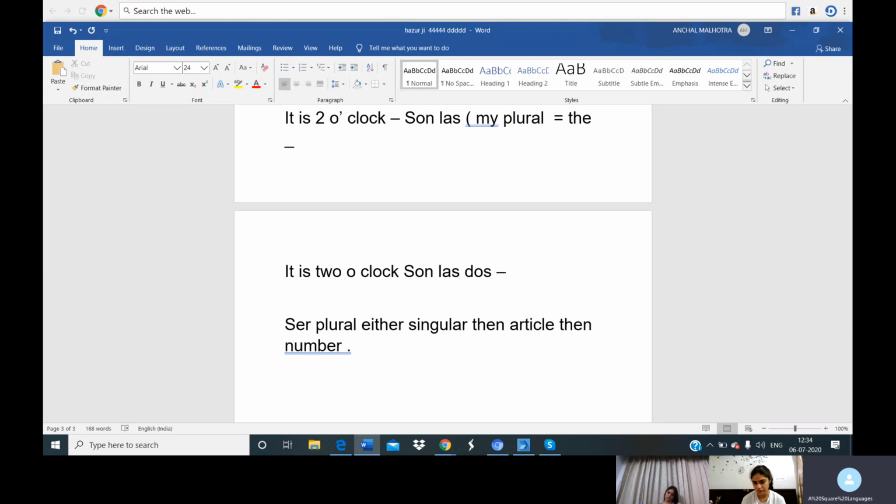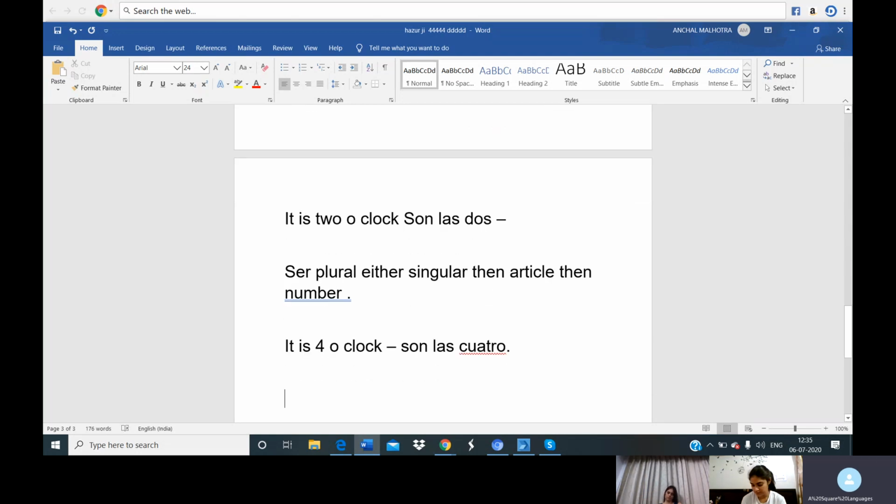If I'm saying que hora es, and you reply it is 4 o'clock, what will you say? Son las cuatro. Is that clear to you?